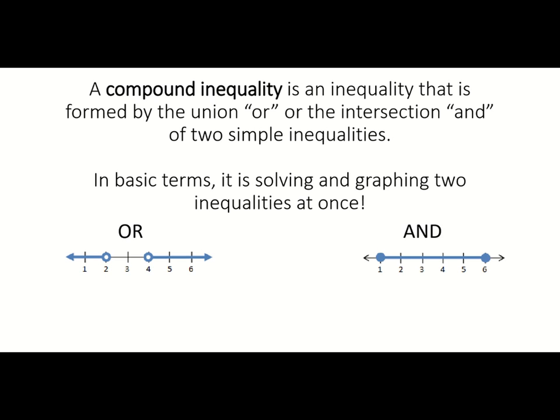If I were to write an inequality statement for this graph, I would say that x is less than 2 or x is greater than 4. I'm using or because it can't be less than 2 and greater than 4 at the same time.